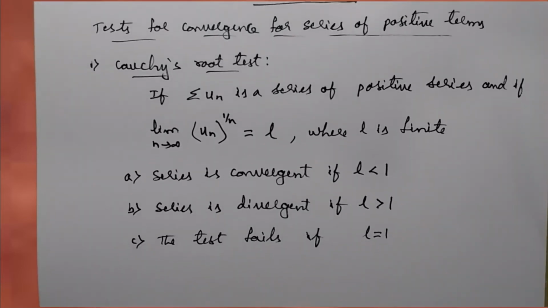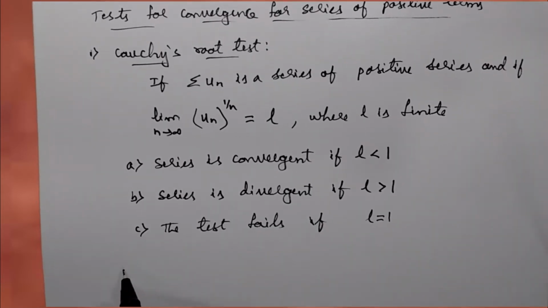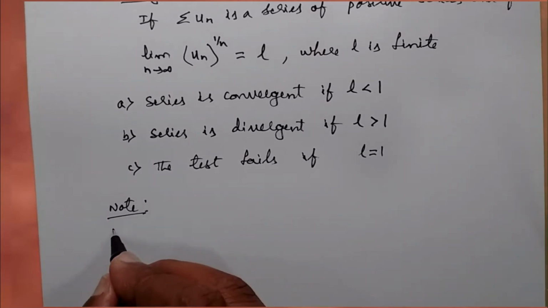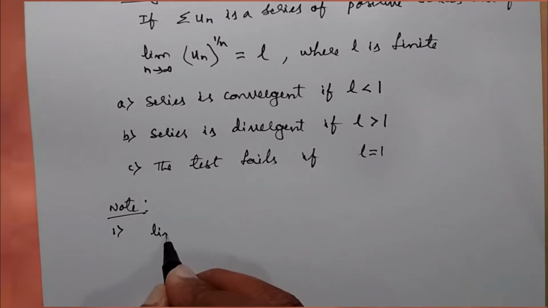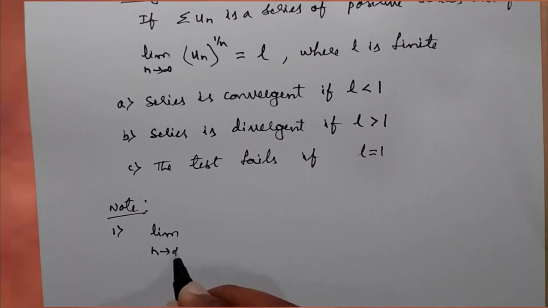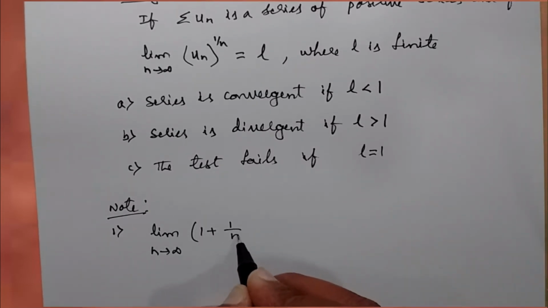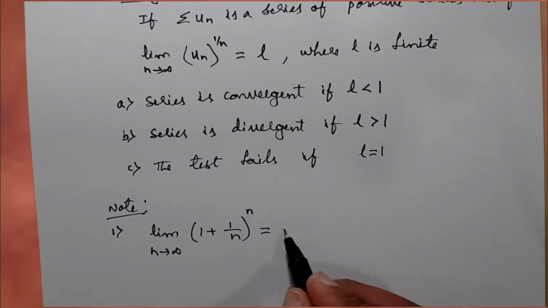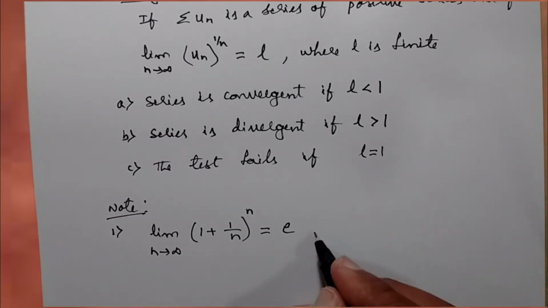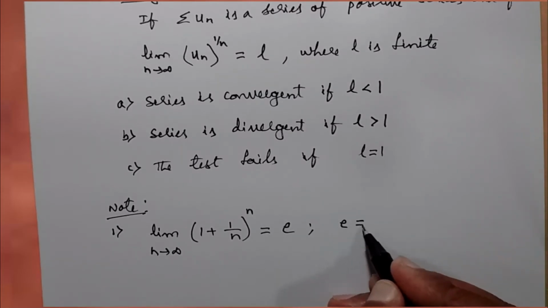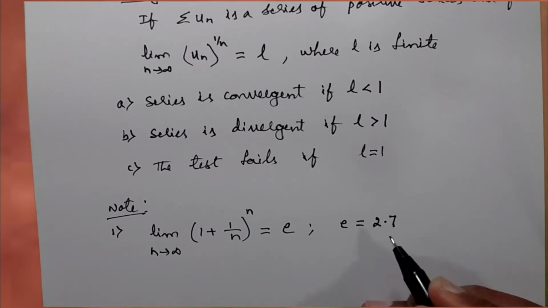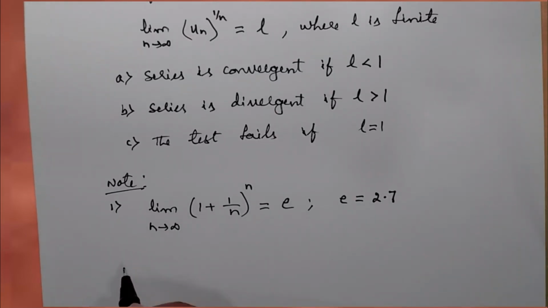So this is nothing but Cauchy's root test. We'll take a few examples. Before the examples, some basic results which we'll be using while solving the problems. The first result: limit as n tends to infinity of (1 plus 1 by n) to the power of n. We already studied this, its value is equal to e, approximately 2.71, or you can take it to be 2.7.